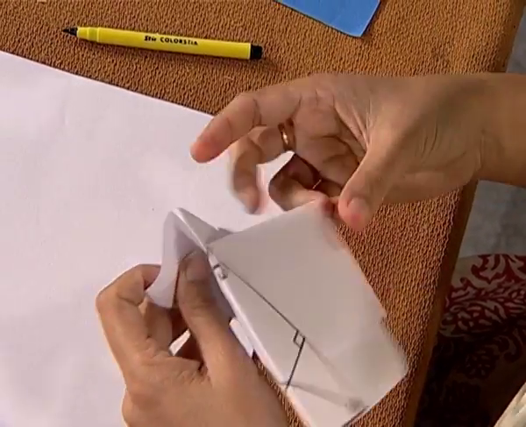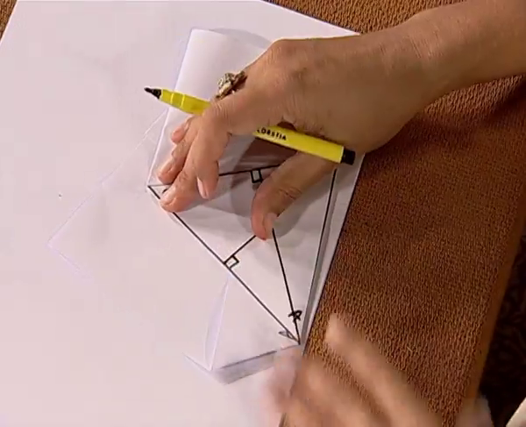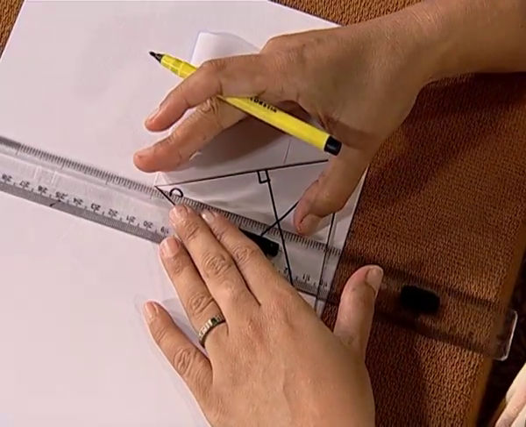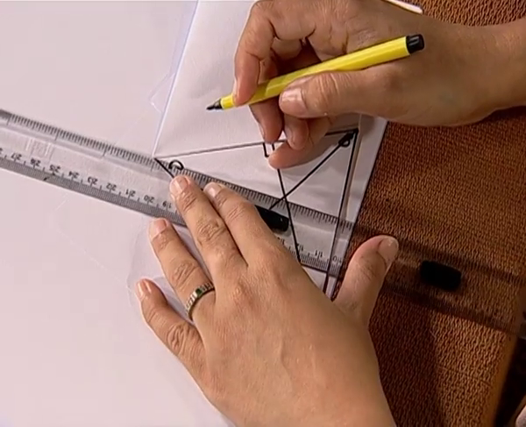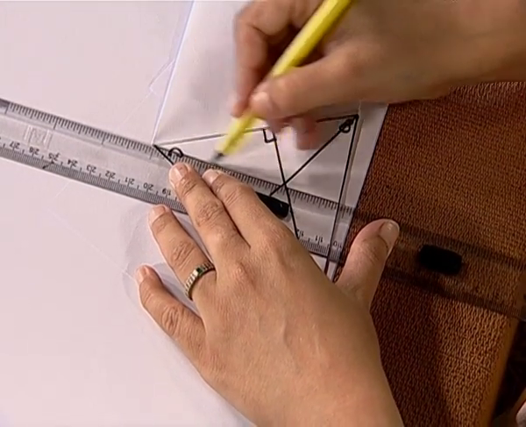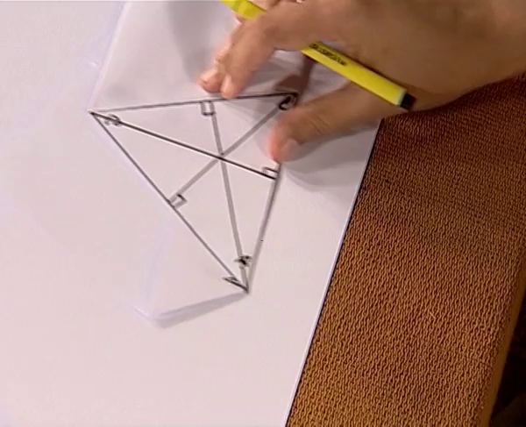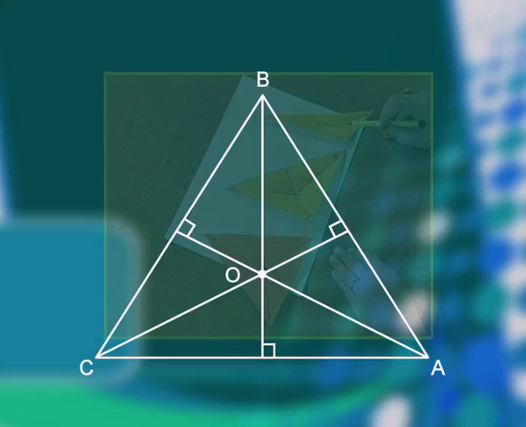Unfold it and draw a perpendicular from C on AB. What do we observe? We observe that the 3 perpendiculars meet at a common point, which is called orthocenter.